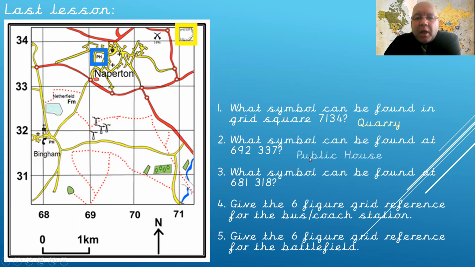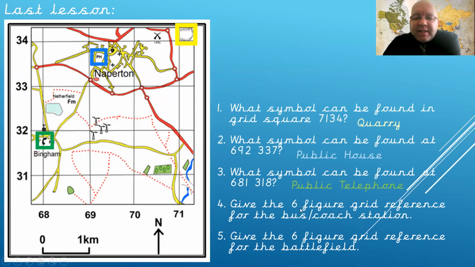There it is, and you can see that's a public house. 3, what symbol can be found at 681318? Well, 681 is just past the line, so it's somewhere along there, and we're going to go up to 318. 318 is most of the way up, but not quite. So it's around here. It's that symbol there, and it's a public telephone.